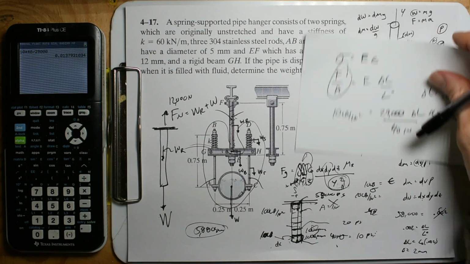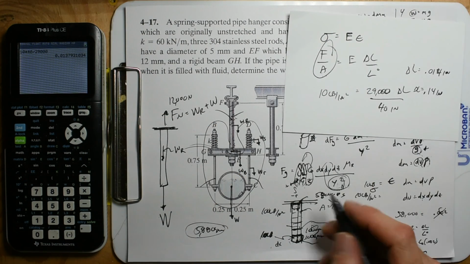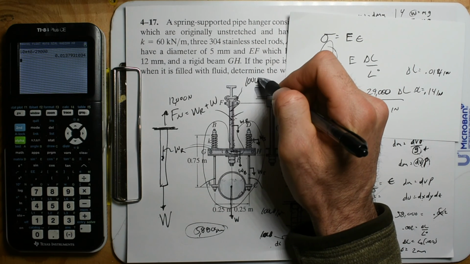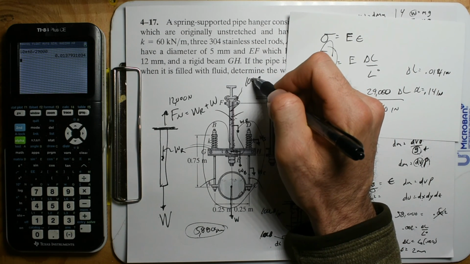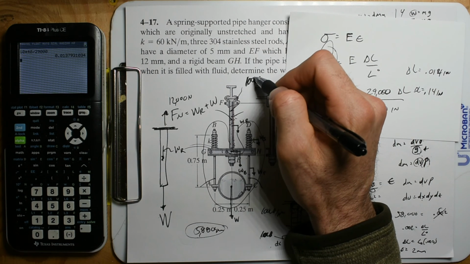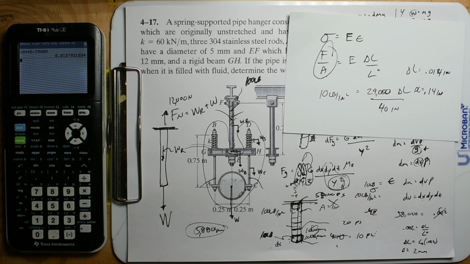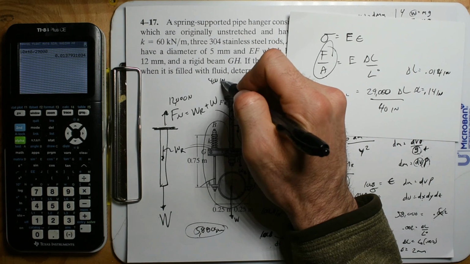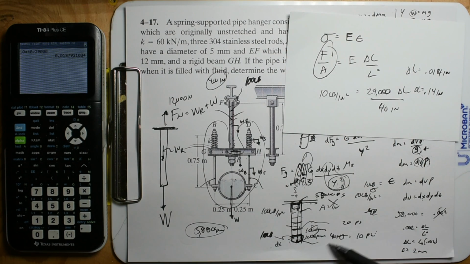So that's if this thing weighed 100 pounds and it was 400 inches long, because that would be 10 meters, basically.